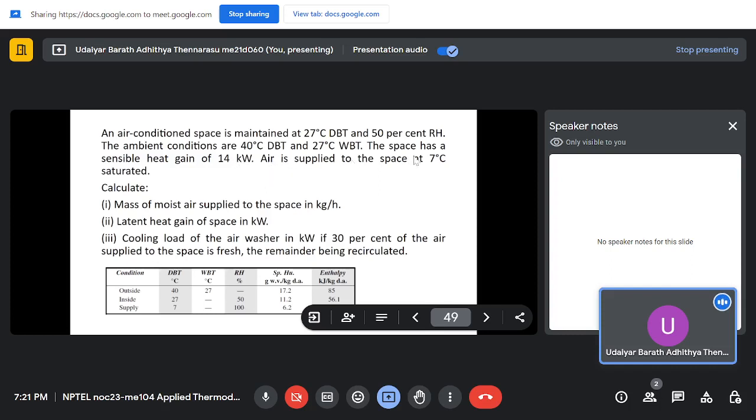Air is supplied to the space at 7 degrees Celsius, which is saturated. Calculate the mass of moist air supplied to the space, the latent heat gain of the space, and the cooling load of the air washer in kilowatt, if 30% of the air supplied to the space is fresh, the remainder being recirculated.